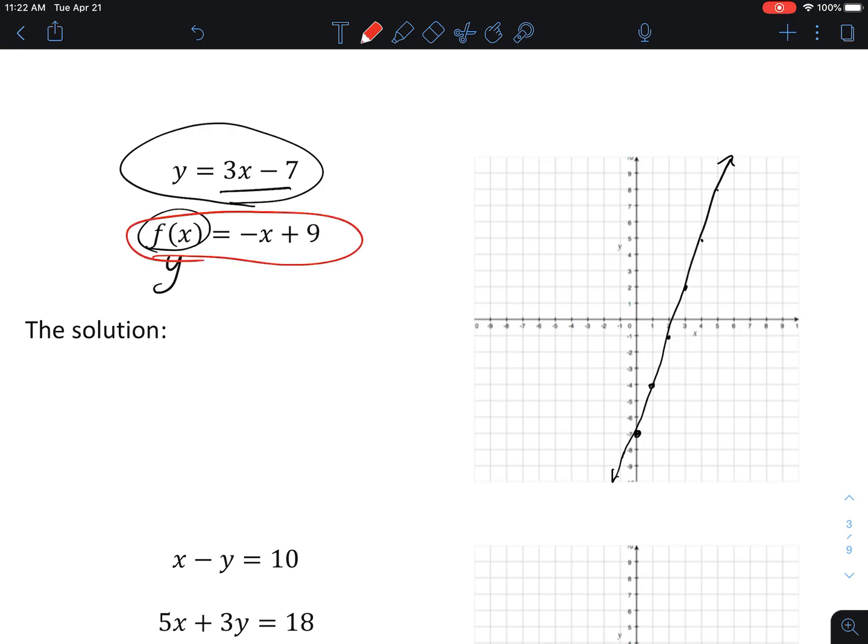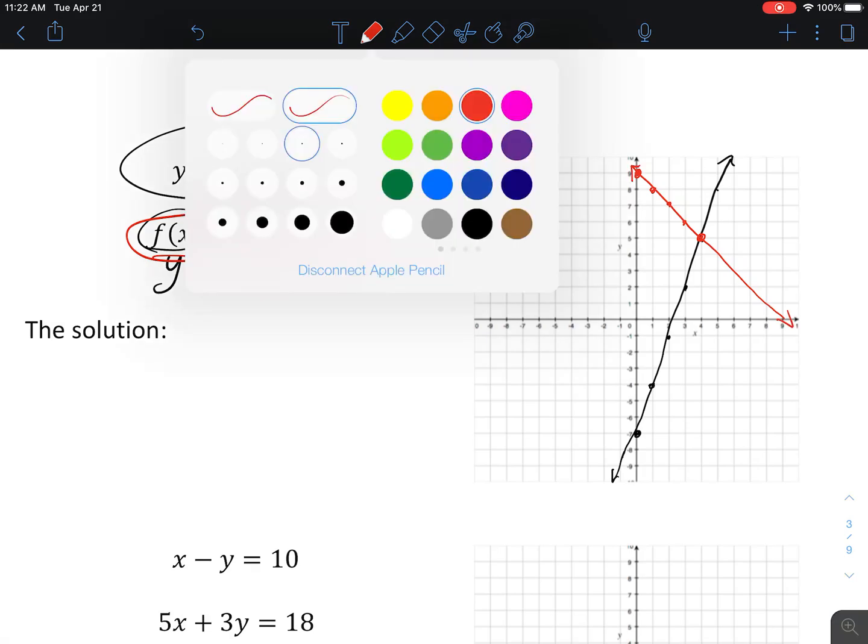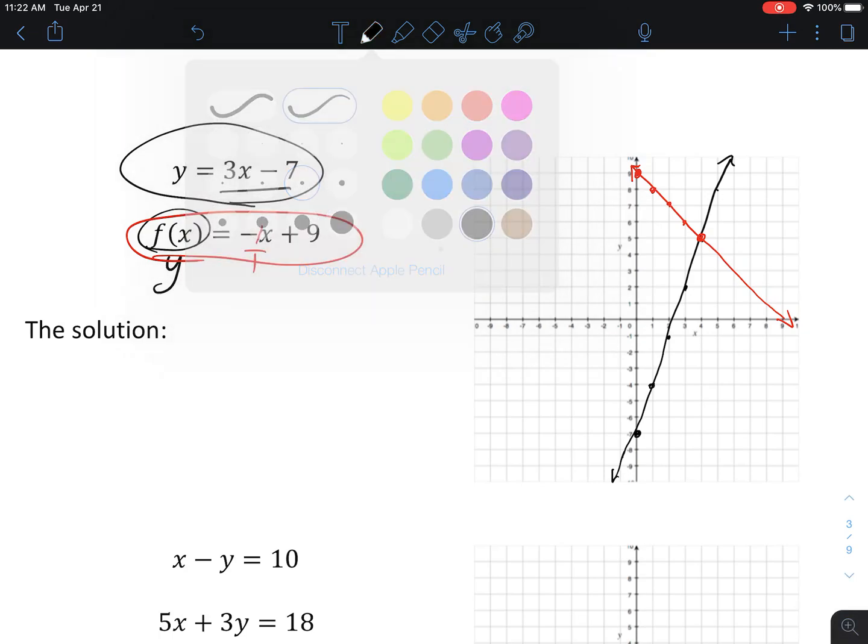So that's my first one, this guy. And maybe I'll graph the other one in a different color just so you can see. This is going to be in red, negative x plus 9. It starts at 9, and the slope is negative 1. Remember, that really is negative 1 over 1. So I go down 1 over 1, and so on. And you can see that's where my solution is. This line is going to meet that one right there.